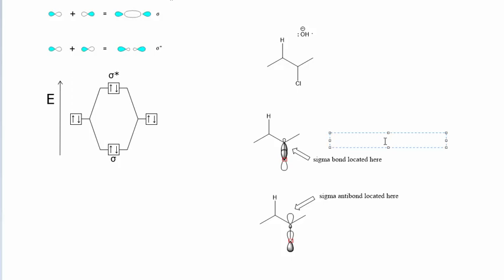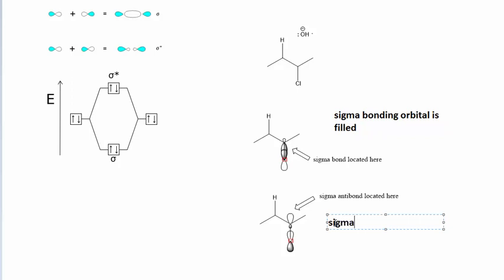Now, a key thing to note is the sigma bonding orbital is filled. The sigma star antibonding orbital is empty. Okay?